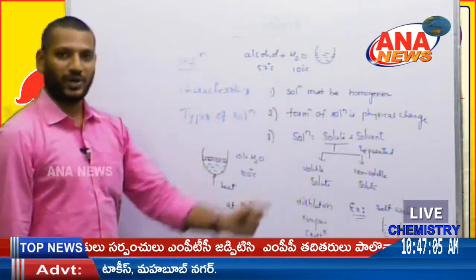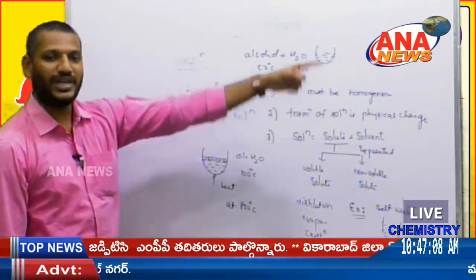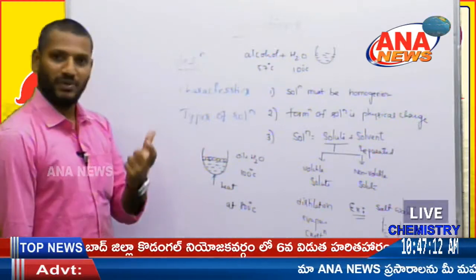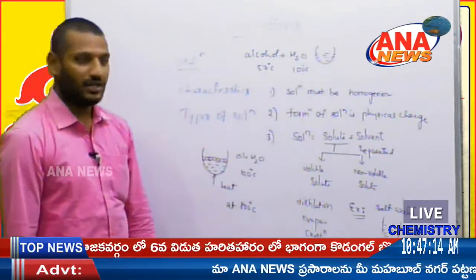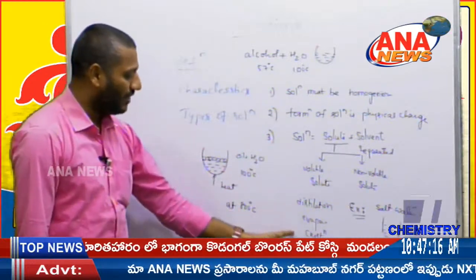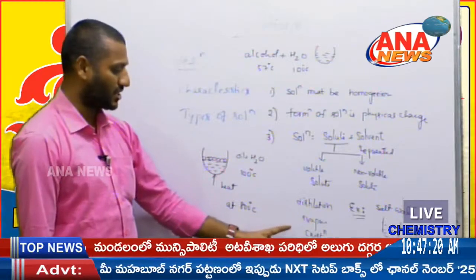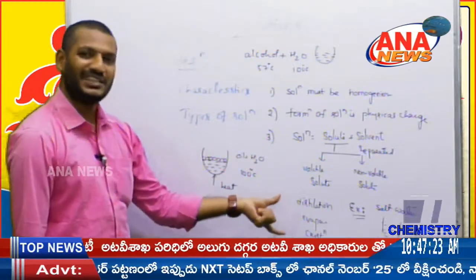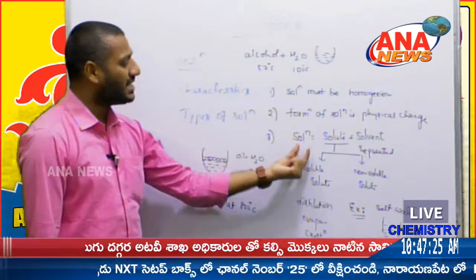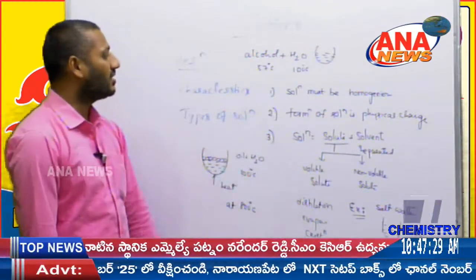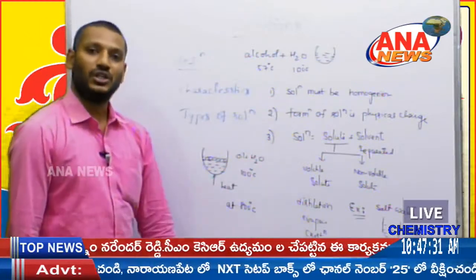So at the low temperature condition, the alcohol will be easily evaporated with a pleasant smell, and the water will remain. So by using different conditions, by applying distillation, evaporation, crystallization and adsorption, we can easily separate the solute from the solutions. So these are the characteristics of the solutions.